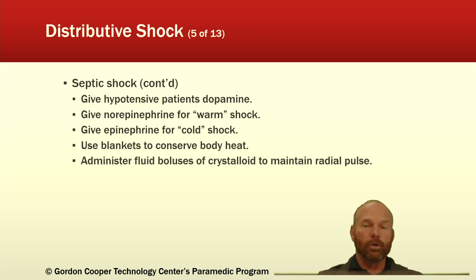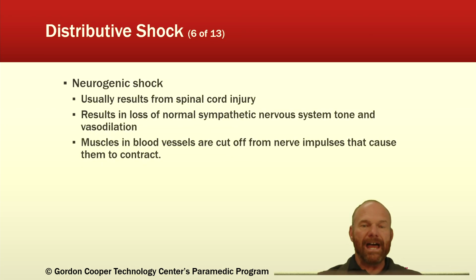So patients in cold shock, you administer epi to improve circulation and support vital organ function. And then you can use blankets to conserve the body heat and prevent hypothermia. So obviously some crystalloids to maintain a palpable radial pulse, ensuring adequate circulation. So, we want to make sure that they're adequately hydrated before we start using vasopressors if possible.